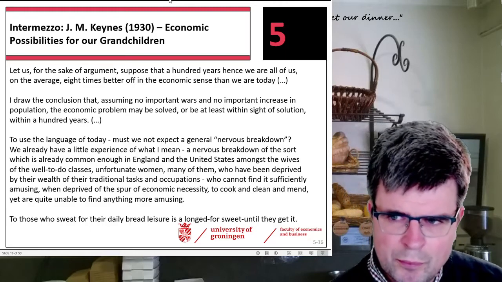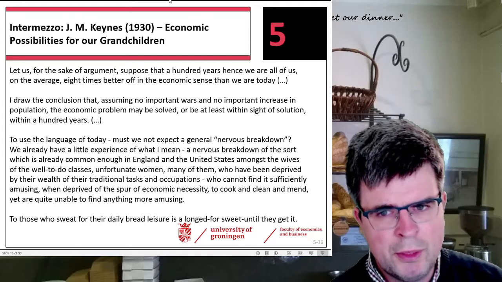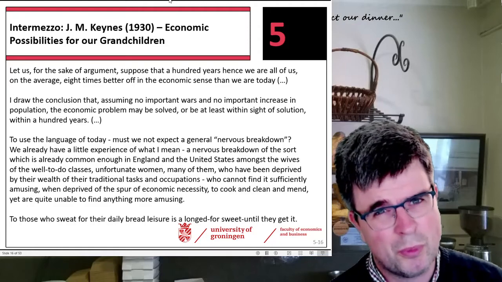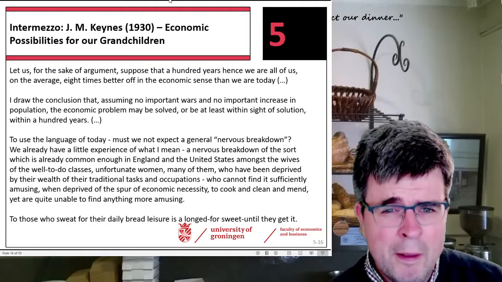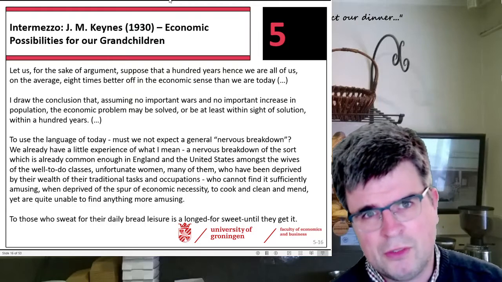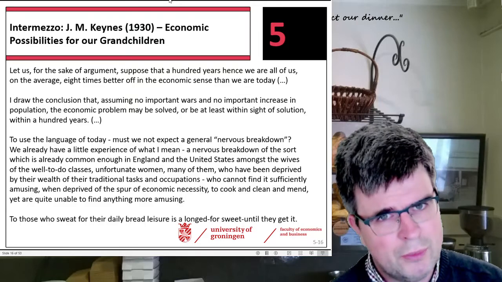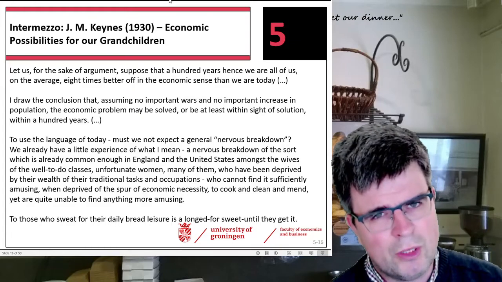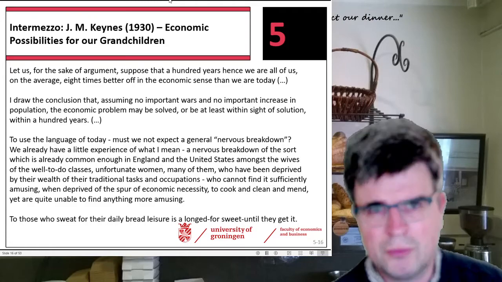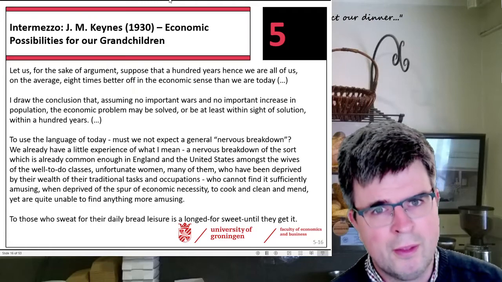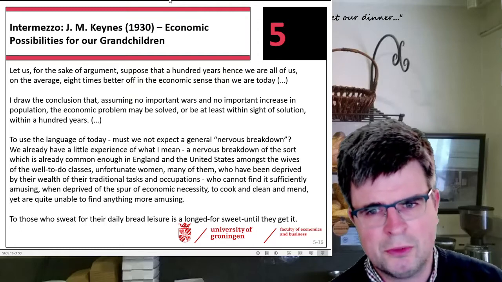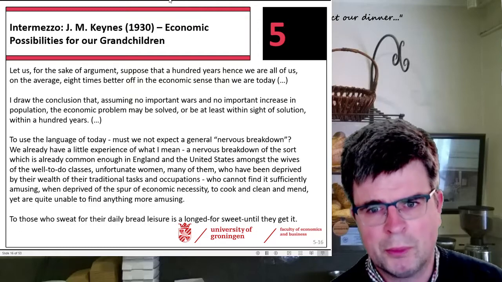And then he said, I draw the conclusion that assuming no important wars, well, this is 1930, but some important wars happened after that, and no important increase in population, well, the population did increase, but still the economic problem is more or less solved because welfare has increased despite the increase in population and despite, for example, the Second World War. In Western societies, we are much better off than people were back then.